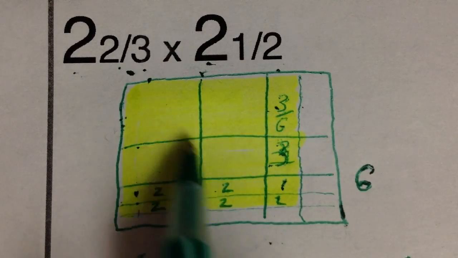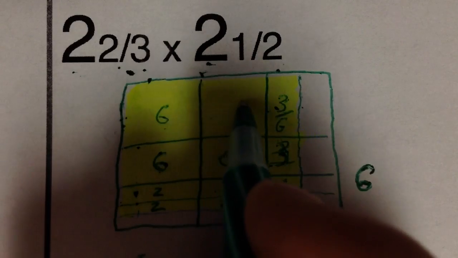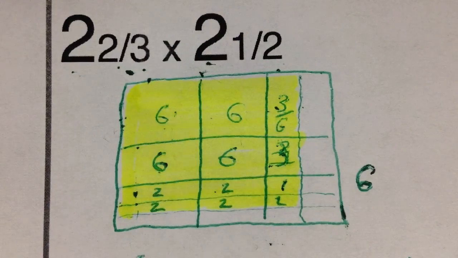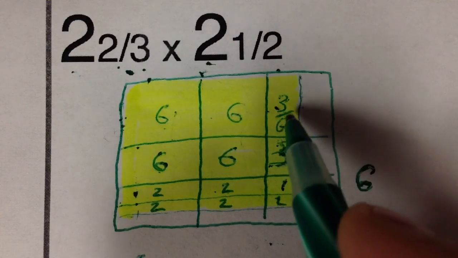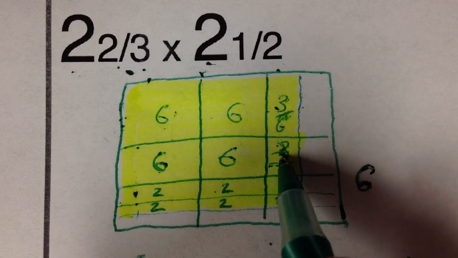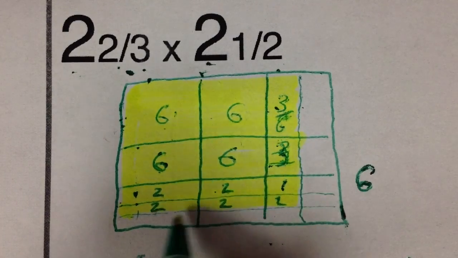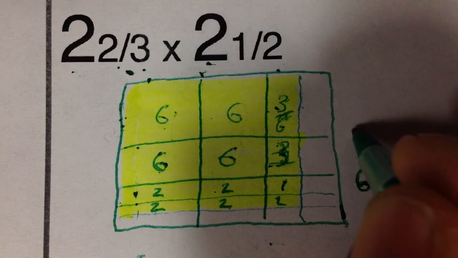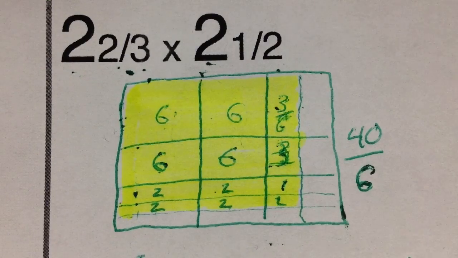And then each of the whole squares is equal to 6/6. So what I'm going to do is add those up. 4 times 6 is 24. Then I've got 3 sixths here, so that's 27. Another 3 is 30, 32, 34, 36, 38, 39, 40. I have a total of 40 sixths.